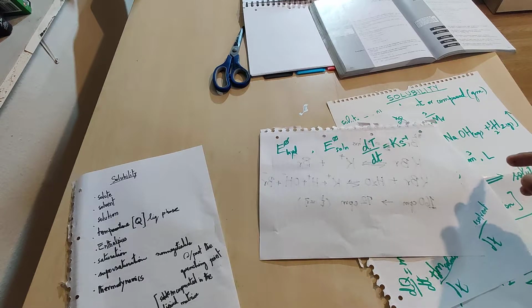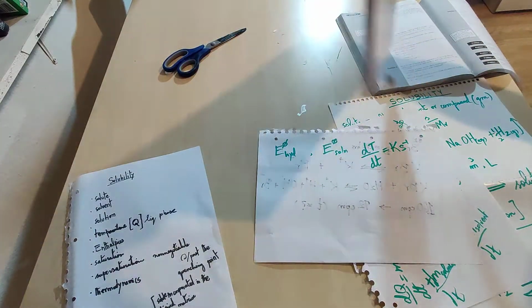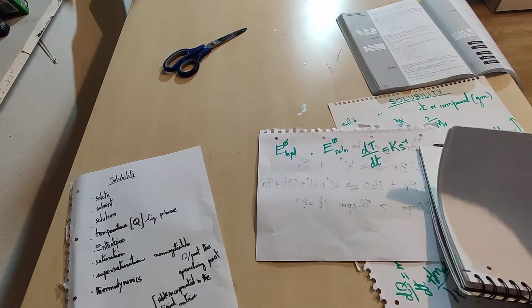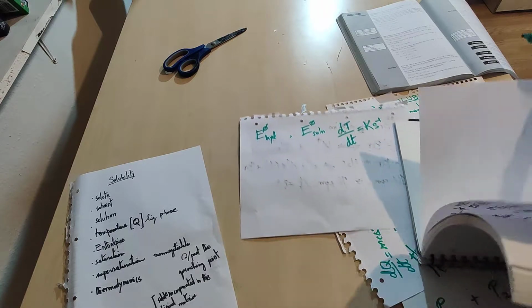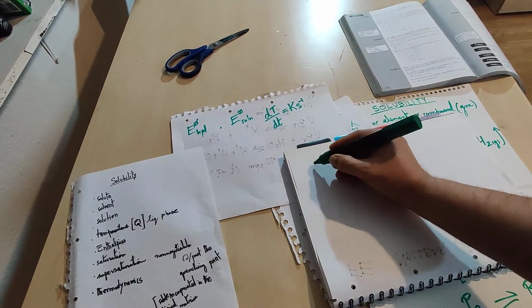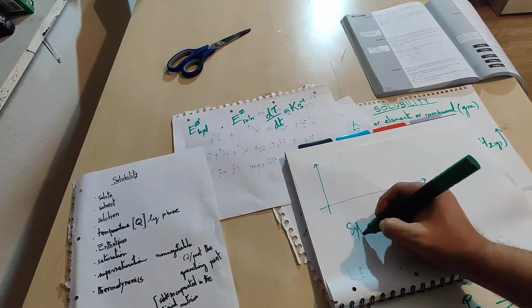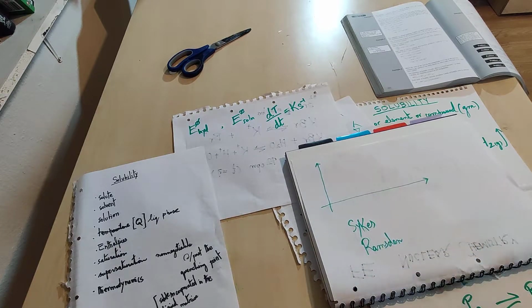Now I'm going to make it a bit graphical. What you need to realize is that the graphs of solubility, and again, Sykes and Ramsden, these are leading calculational chemistry books, and they have a very comprehensive chapter on solubility calculations.